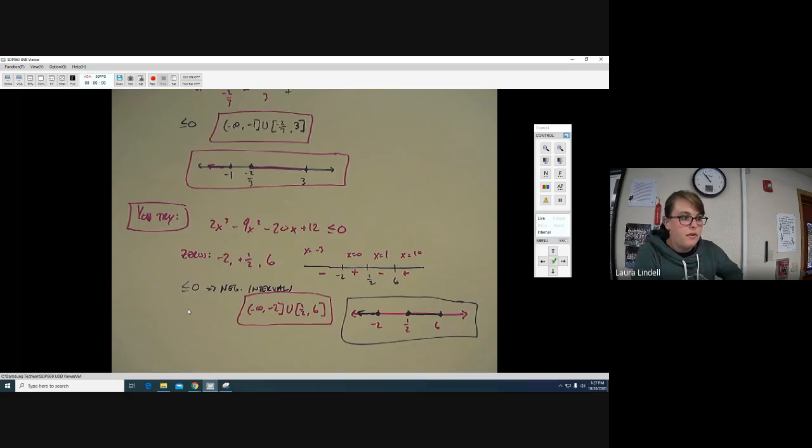Okay, so those are our solutions. So this is going to look a lot like what we did on Friday, just less actual factoring involved, because a lot of these things don't factor nicely.